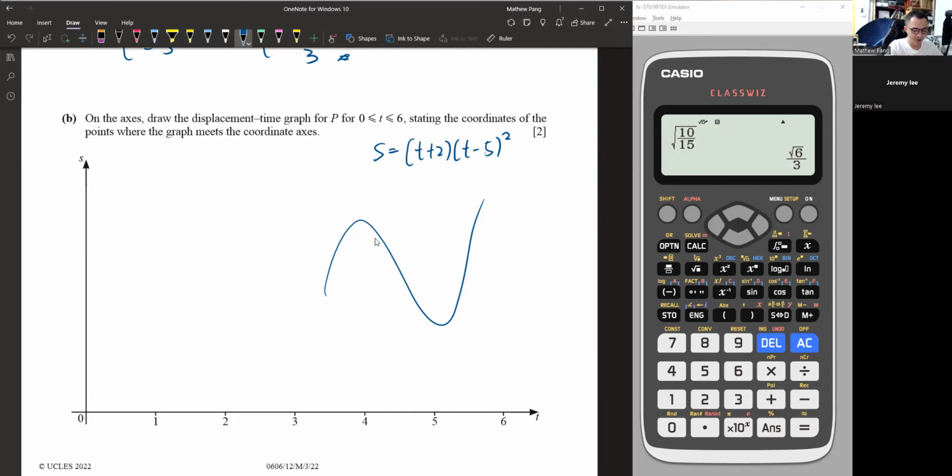And I should have some intersections. Over here, you realize you only have 2 intersections. If I draw like this, you know it's not in this pattern, because like this you have 3 intersection points on the x-axis, but in this case you obviously don't. Over here, you see one of the brackets is to the power 2. This means you touch the axis at t equals 5, and this power 2 gives the turning point.